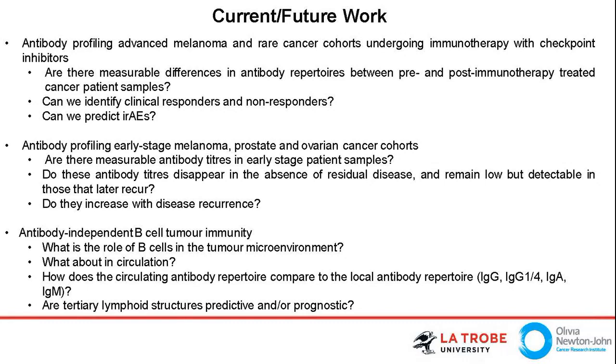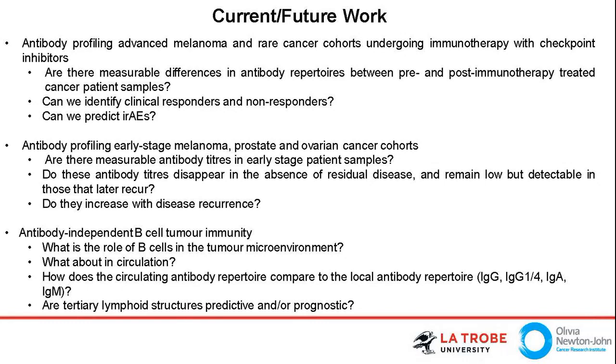Similarly, we're looking a lot at the early stage setting, so early stage melanoma, prostate cancer, and ovarian cancer cohorts. We also now have a much larger breast cancer cohort that we just received funding for, and we're screening different antibody titers in early stage patient samples to see whether or not we can use the arrays or different tumor antigens as diagnostic biomarkers.